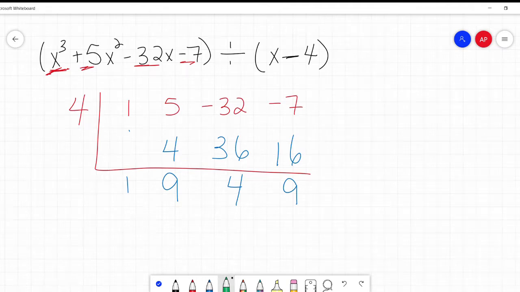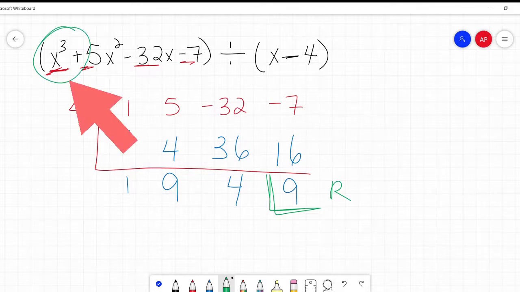Okay. The last number you get, whatever it is, is your remainder. Everything else makes up the coefficients for your answer. Now this one began with an x cubed, so you're going to start one exponent lower.